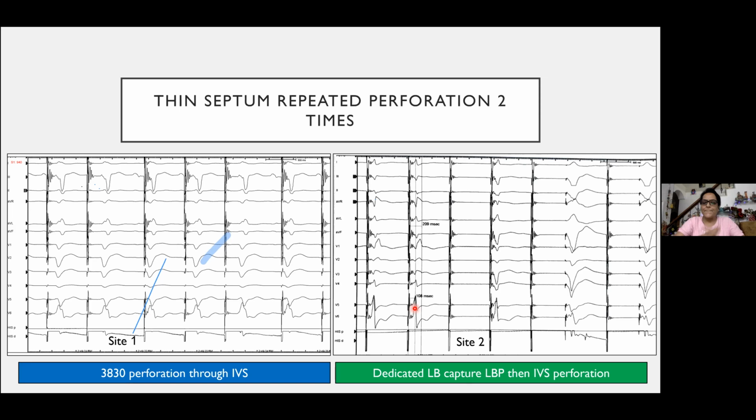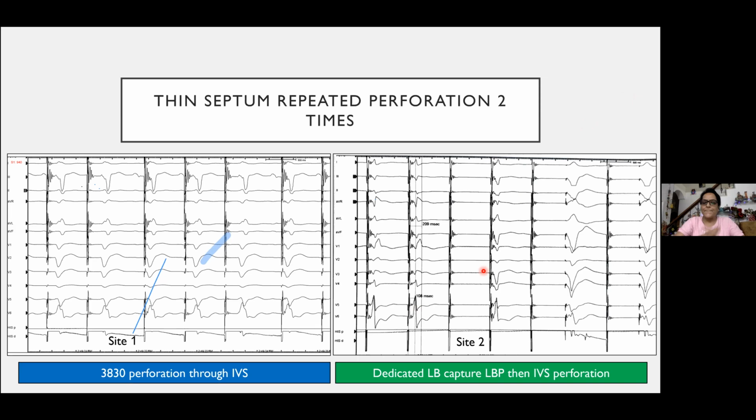So this lady had a very thin septum. We can't do anything at a classical site where we do left bundle pacing. So definitely we are not going to try anymore. And mind you, when I say that it is a perforation, it is actually not that the lead is going out there and hanging in the LV and roaming around. It's just that the tip of the screw shows in the endocardial side of the LV.